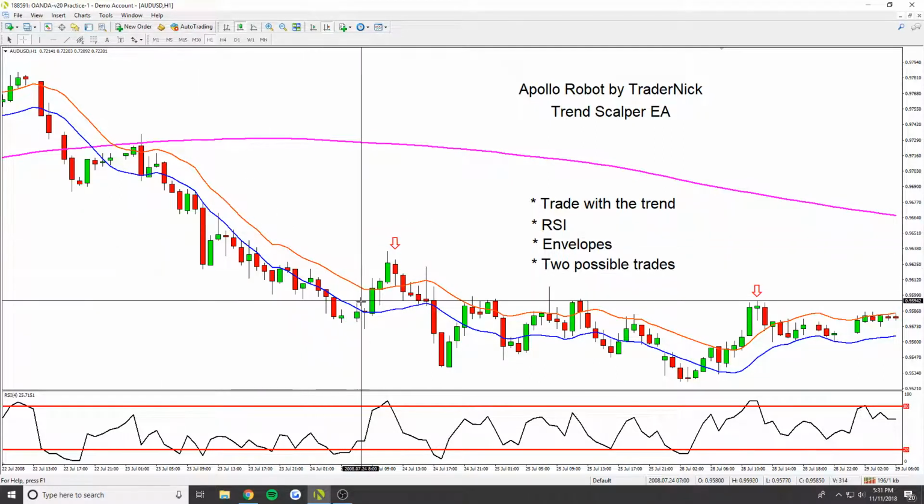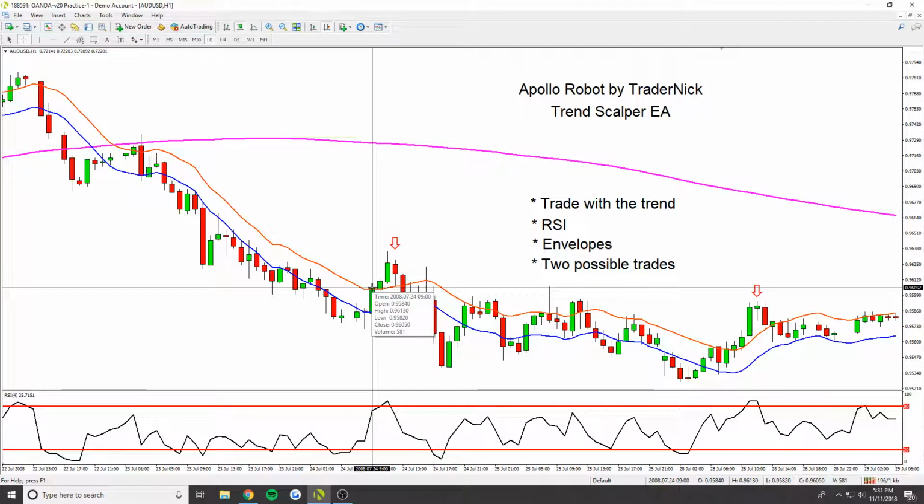So when price closes outside of this envelope, we are potentially going to be looking for trades. However, the entry criteria is as follows. We need the RSI to close above a certain threshold, showing that the market is significantly overbought, and price needs to be outside of the envelopes.